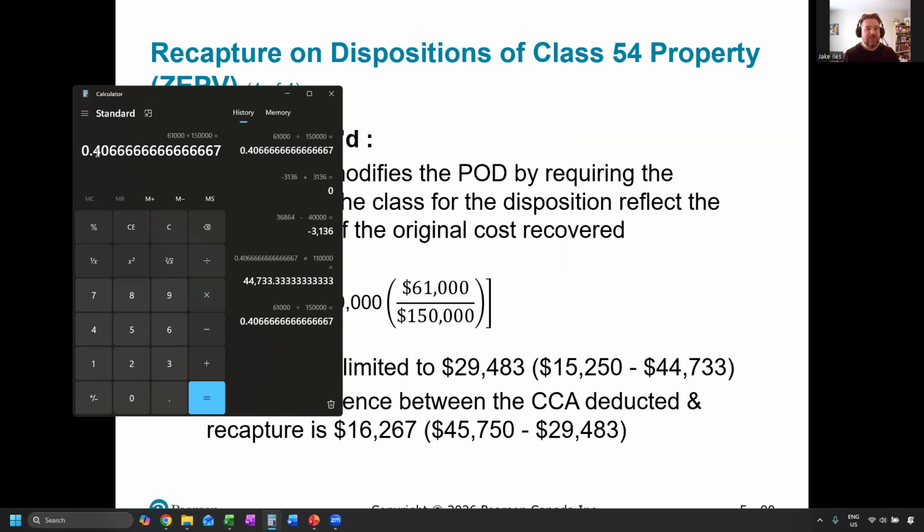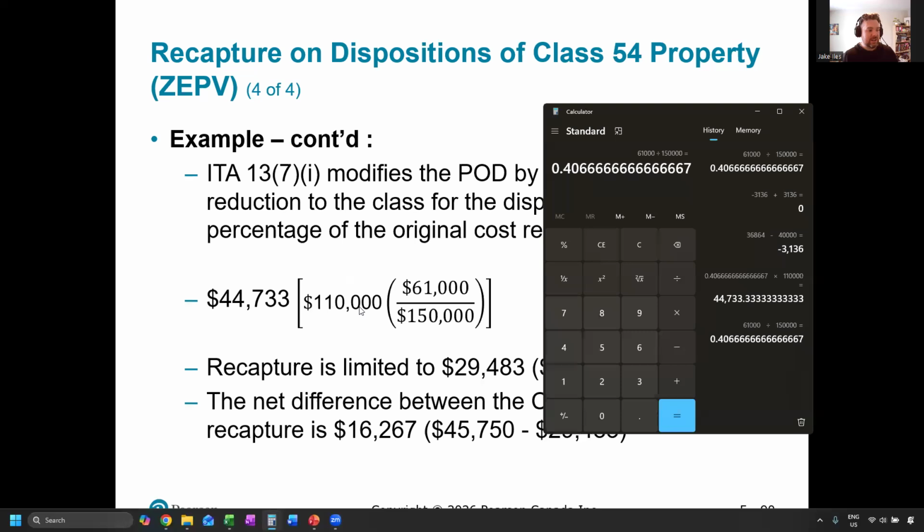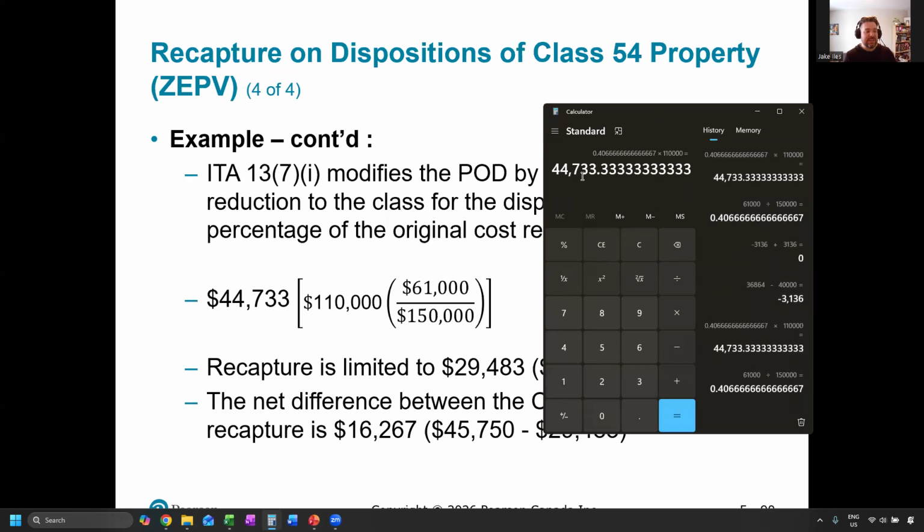So in the future, if we sell the property, let's say we sold this for $110,000, that $110,000 of proceeds needs to be adjusted for the amount of the asset we put in the class. So since $61,000 was put into the class, the same percentage times our proceeds is 44,733.